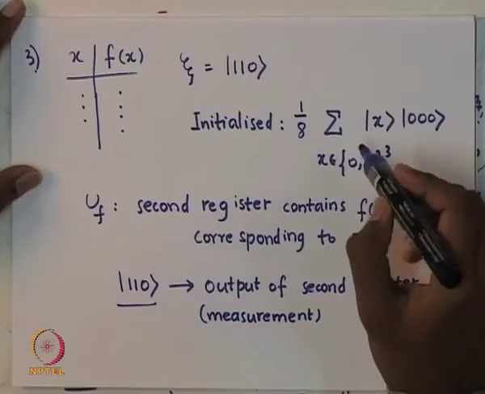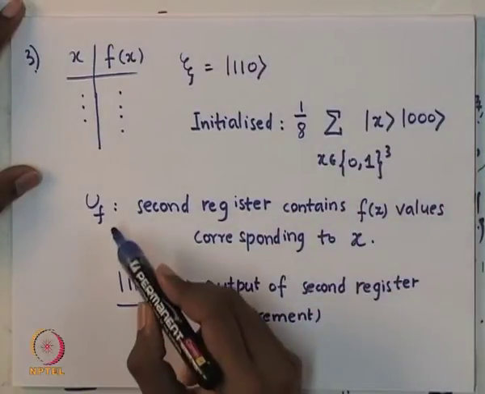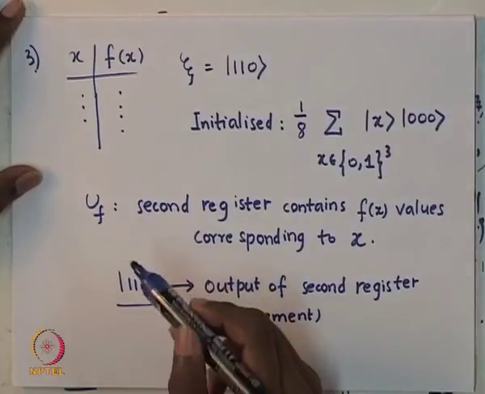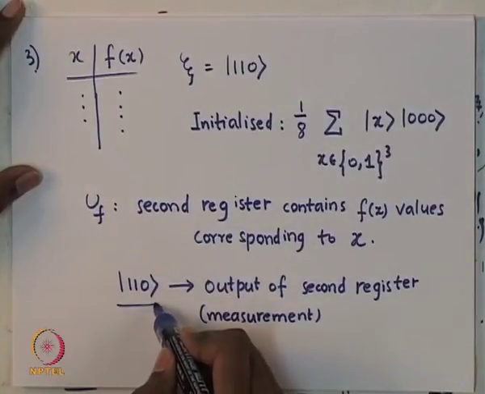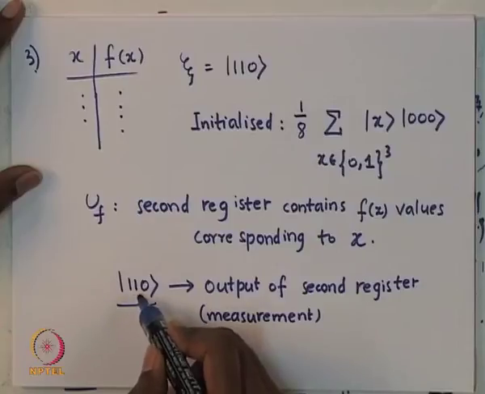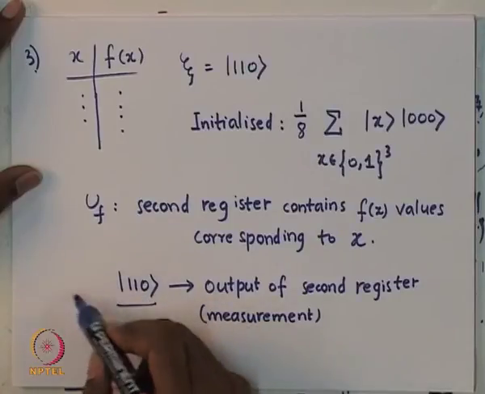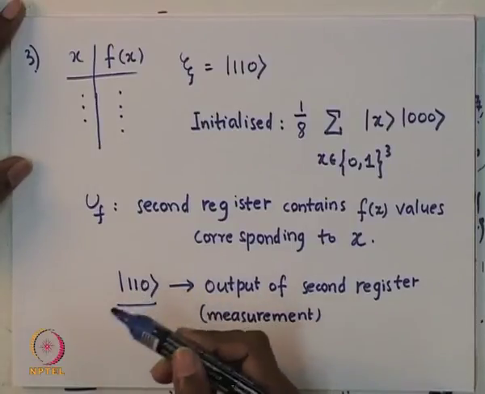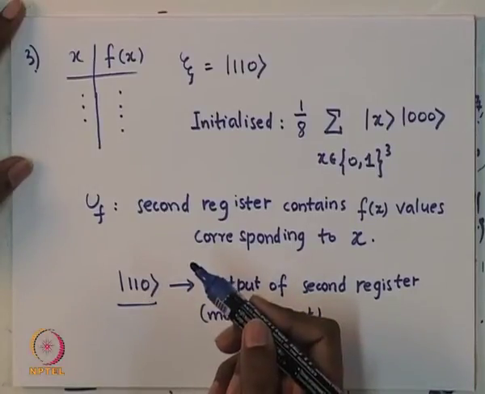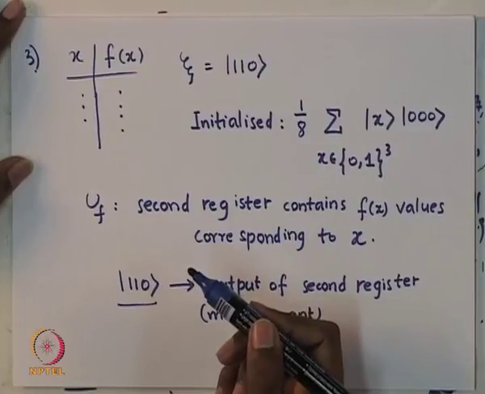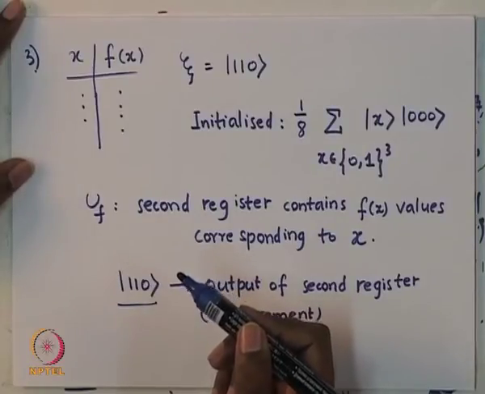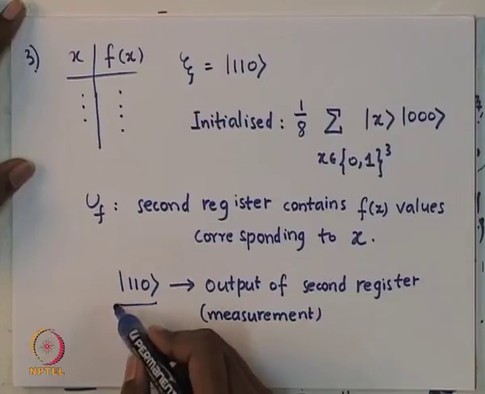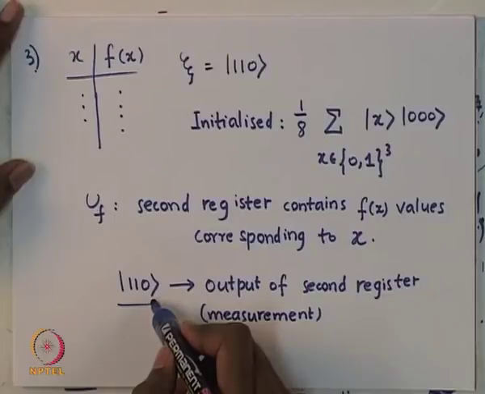So the state which is obtained after applying the oracle is now collapsed such that the second register contains 110. So the first register may contain values which are synchronized with the second register.